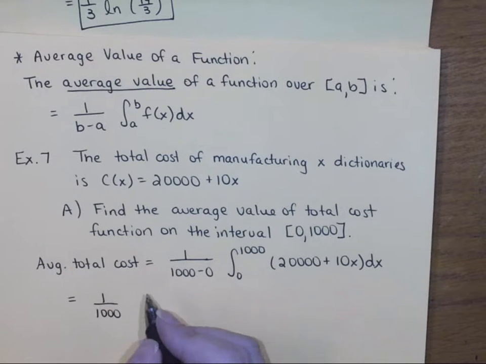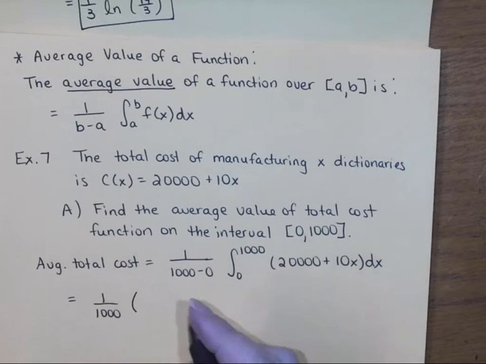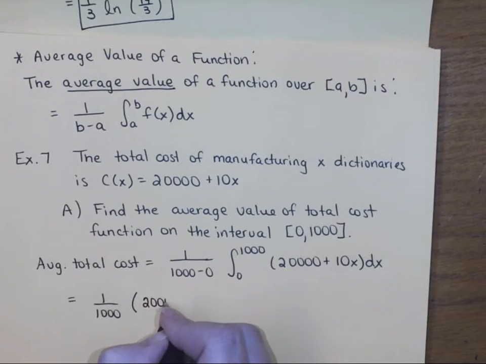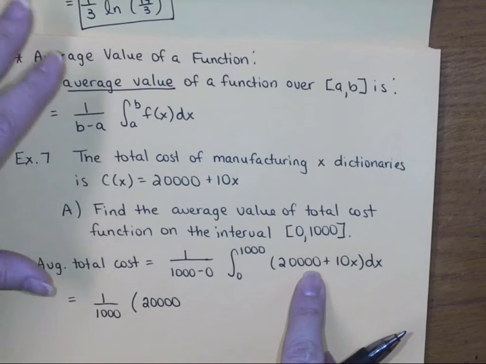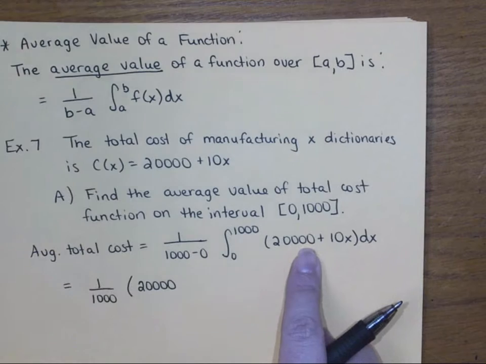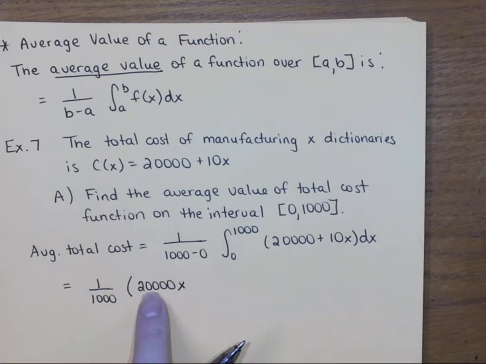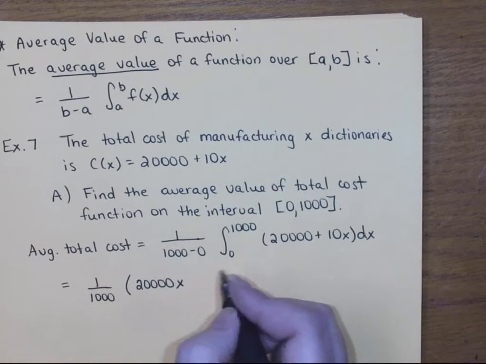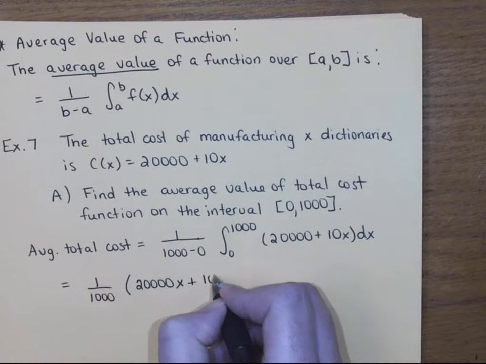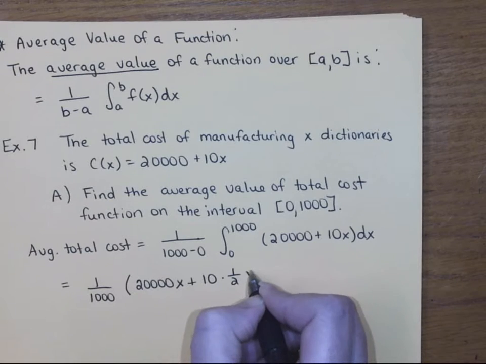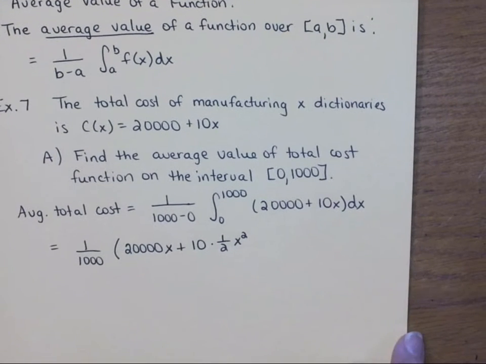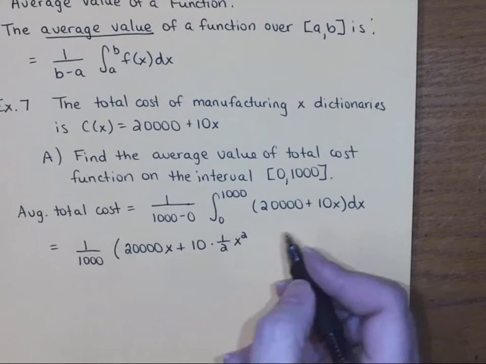Okay, and then let's see if I can take the antiderivative of this. This would be 20,000x, right? Think about it like you're bumping the power up by x, but there isn't a power of x, right? Or think of it like which function, when you take the derivative of it, would give you 20,000. It would be 20,000x. For this one, pull down the 10, bump the power up by 1, multiply by x to the new power.